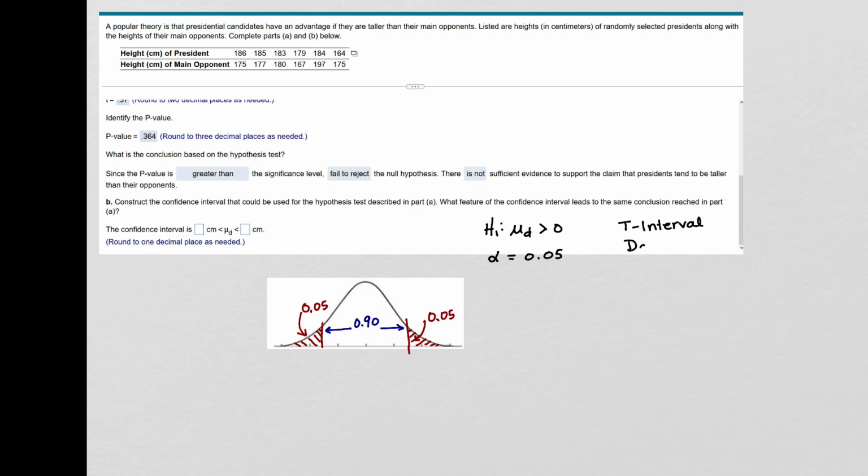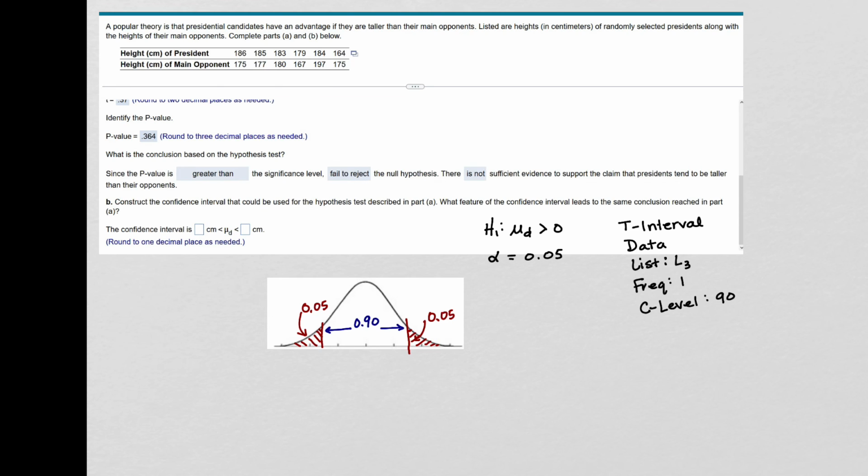So now I can go ahead and find my confidence interval by just doing t interval now. And we'll choose data. And our list is still L3, so it should be set on that already. And the frequency is 1. And then we give our confidence level, which is 90 or 0.90, either one works.